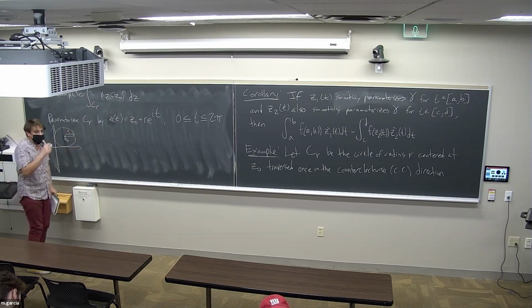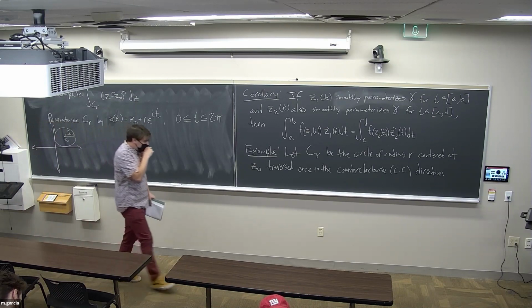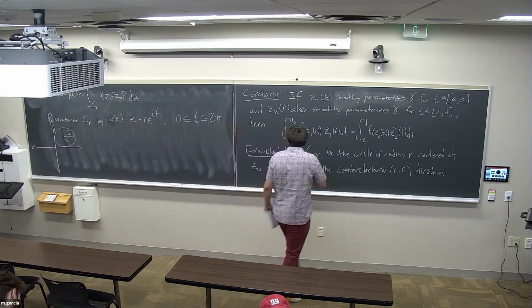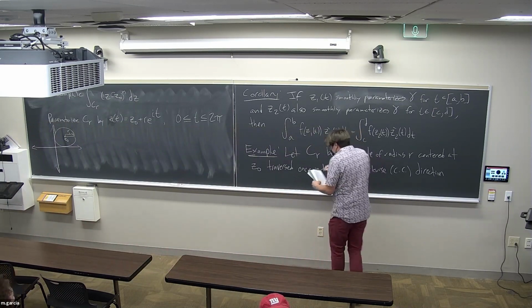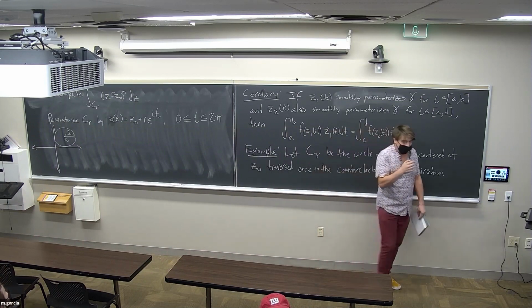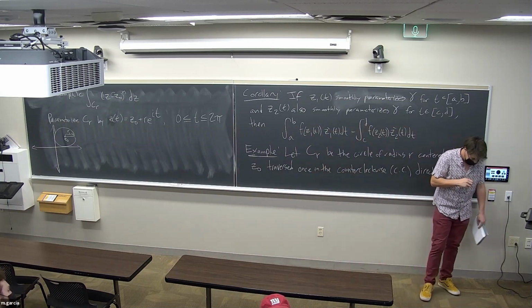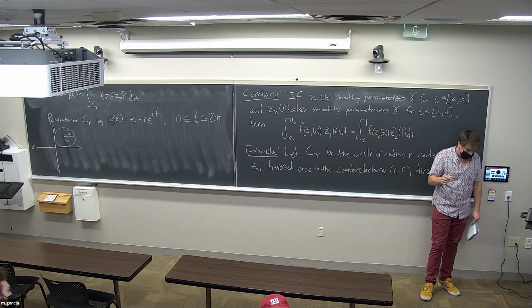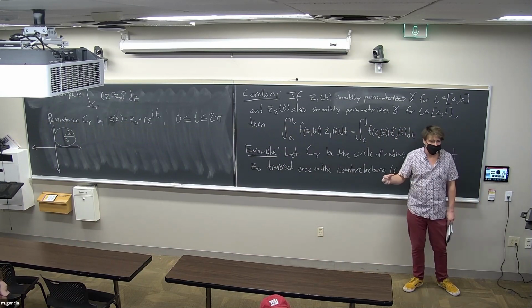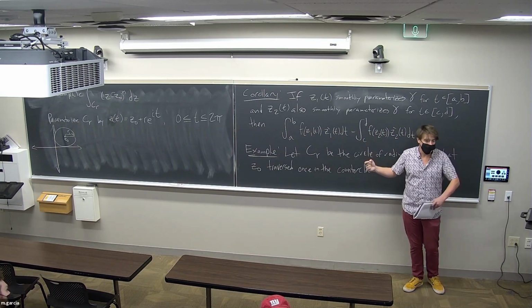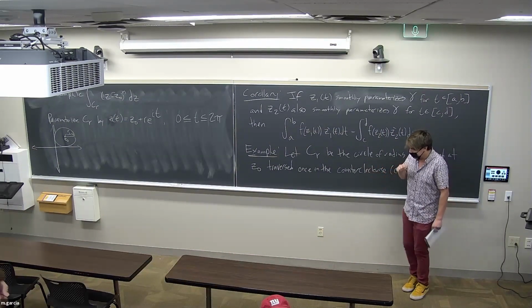Yeah. Should both 0 and 2 pi be inclusive, or should only one be? So good point. If you look back at our discussion of simple closed curves, we allow for non-injectivity at the endpoints. This makes certain things nicer.